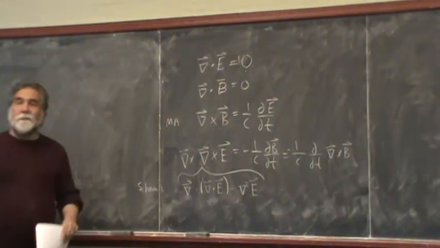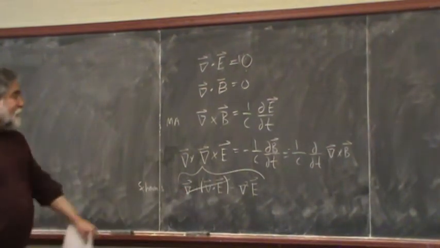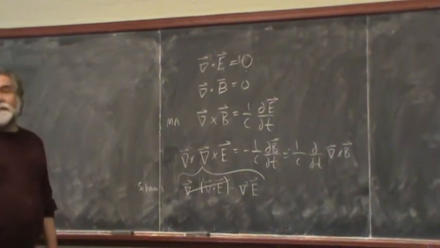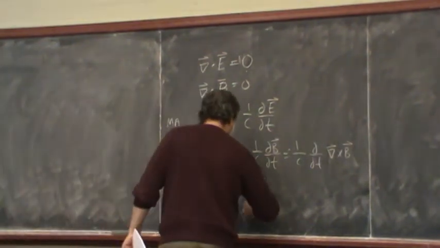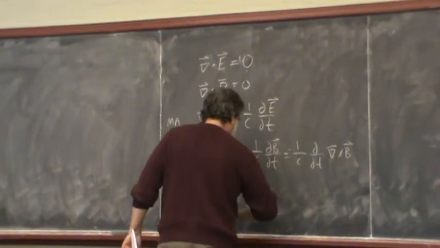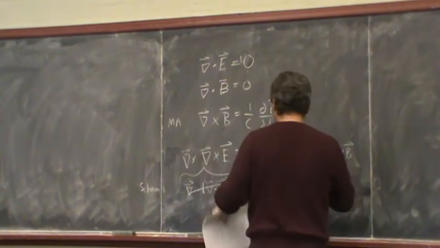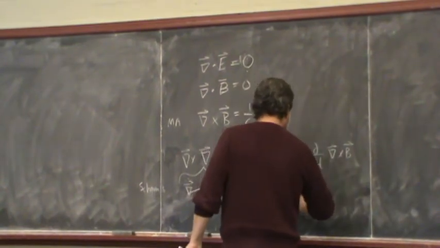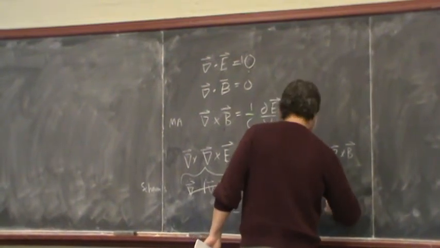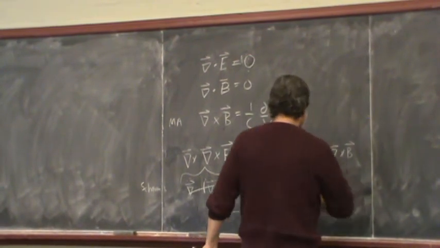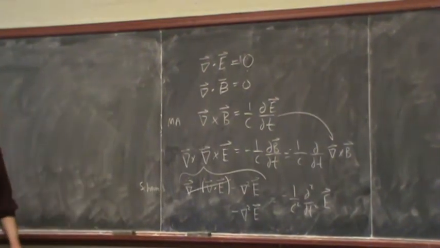The divergence of E is 0. So my left-hand side is minus del squared E vector. Right-hand side, I've got curl B, which gives minus 1 over c squared, d squared E by dt squared, making this substitution there. Done.